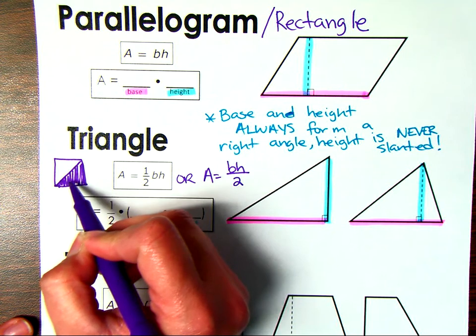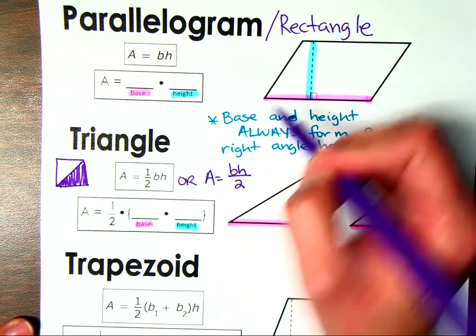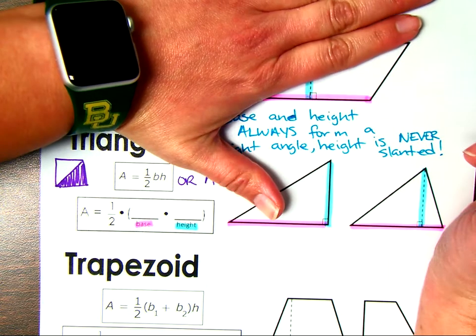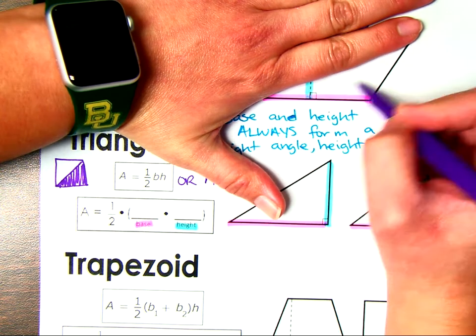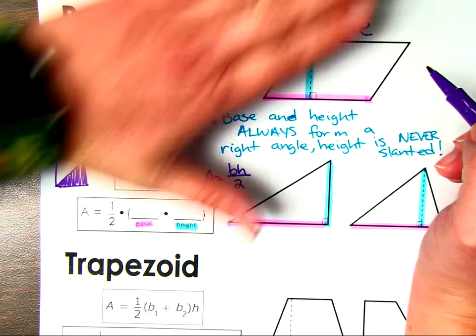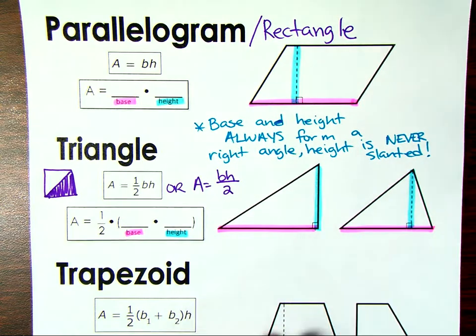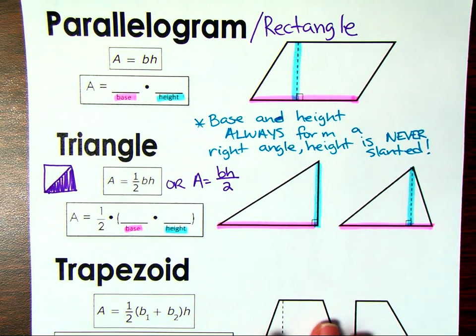But if I only want half of it, that's why we're dividing by half. So if you imagine cutting this like that into 2 congruent triangles, if you want only the area of this part, well, the whole part is base times height, but if we only want that part, it's divide by 2. Okay, so that's something that we need you to think about.